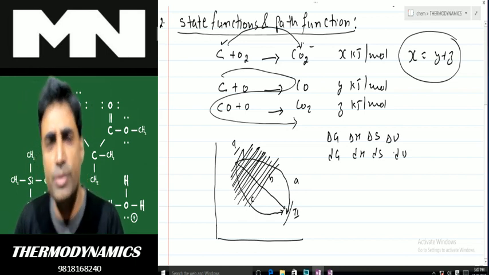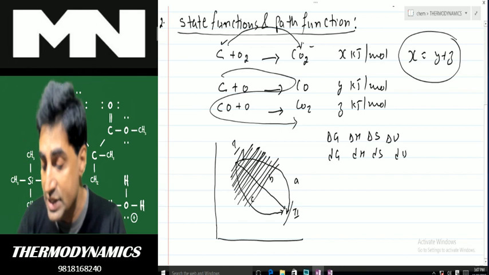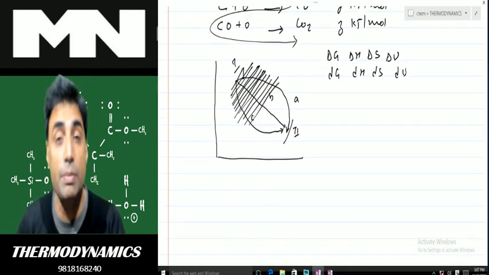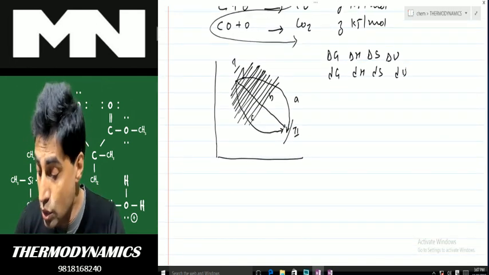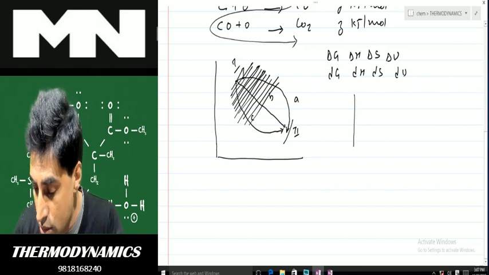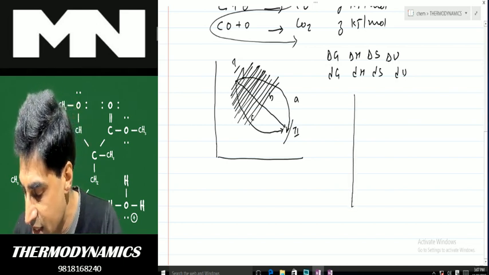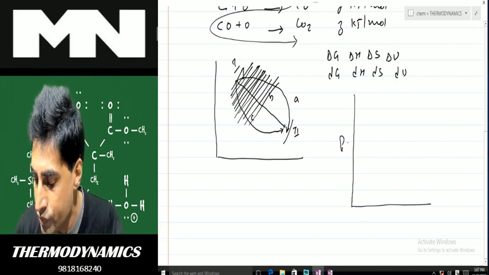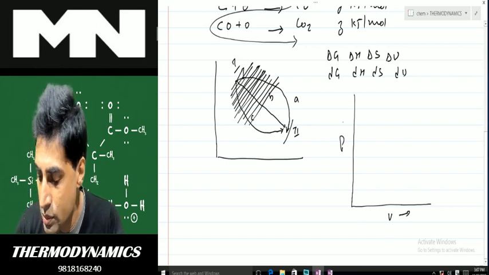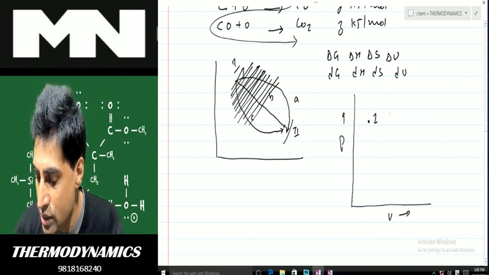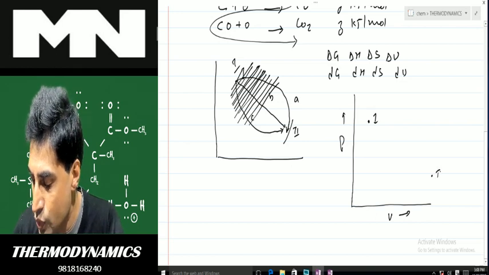However, there are thermodynamic properties which do not depend on the initial and the final state of a system but depend on the path followed. Here I'll show you that. I'm drawing a graph between pressure and volume, and suppose this is state 1 and here I have state 2.